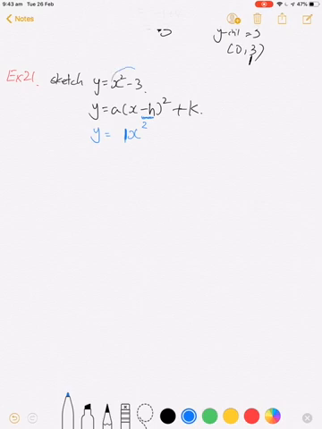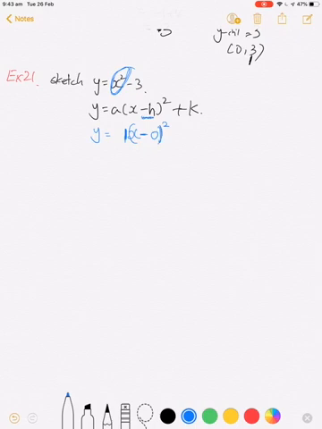Okay, but in our original equation, we don't have that h. Which means your h is equal to 0. To write it, that will become x minus 0.